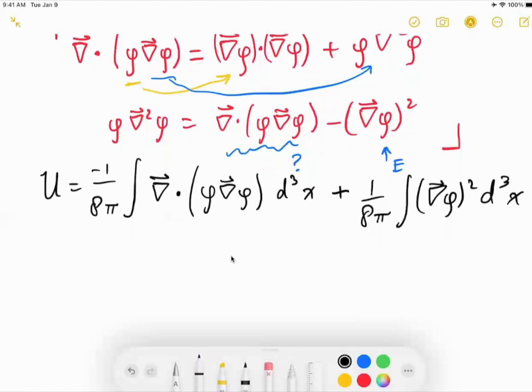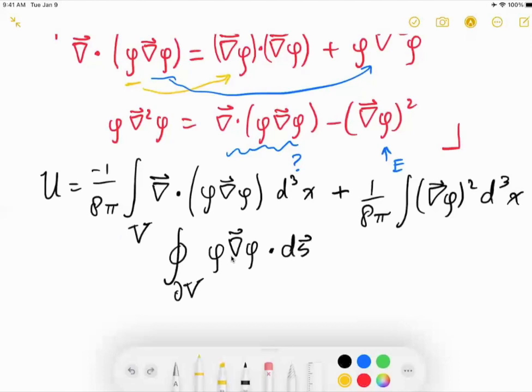Well, let's see if we can do something about this. This first term, we can use our famous identity that I keep forgetting the name of. So we can write this as the integral over the edge of phi, gradient of phi dotted with a surface element.